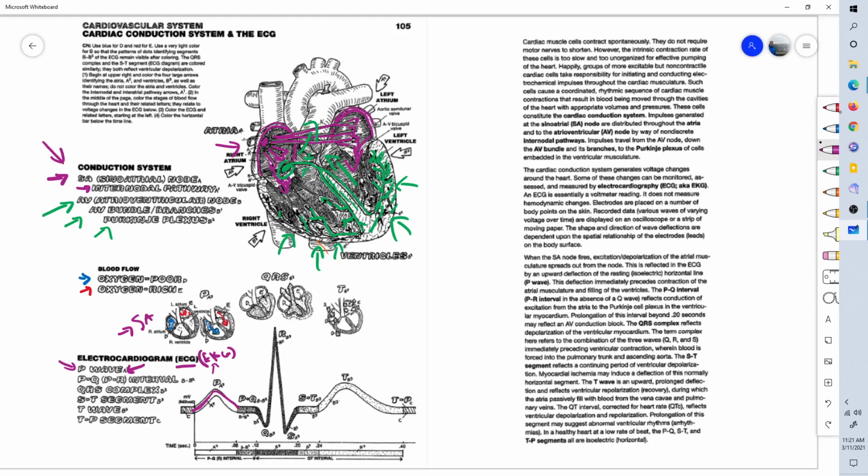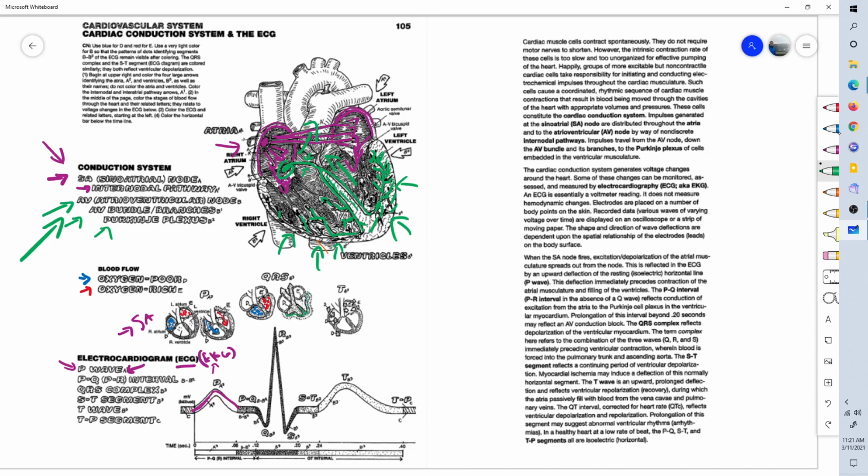Then, after the deoxygenated blood is in the ventricle, the ventricle is nice and pumped up with blood. The right ventricle and the left ventricle are now both pumped up with blood. The atrioventricular node now sends its signal to the ventricles saying contract.